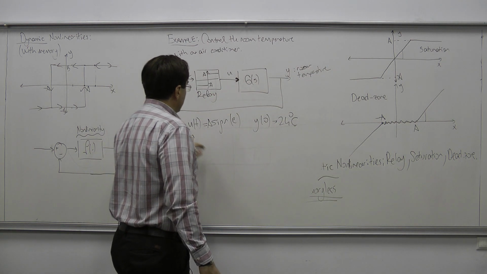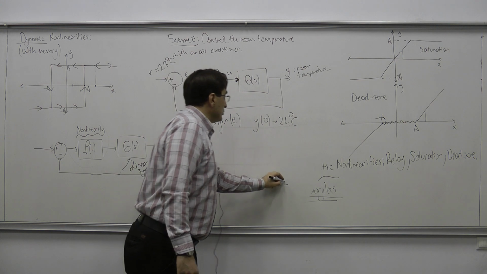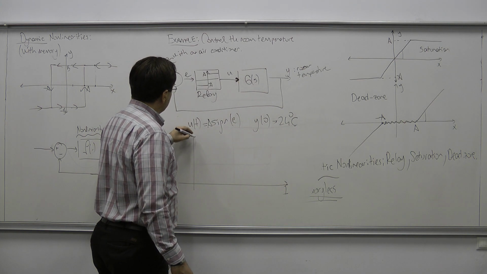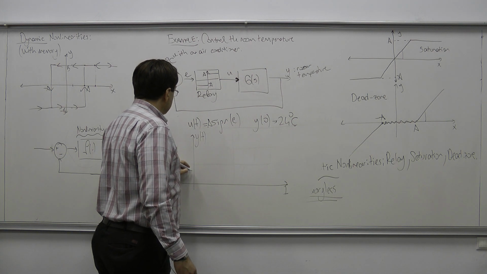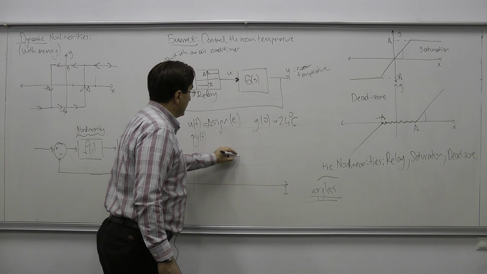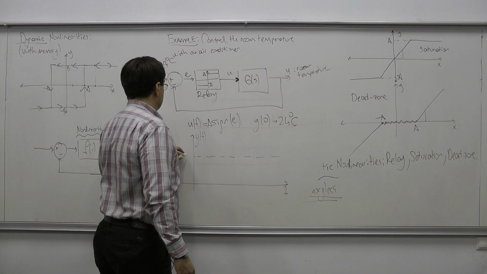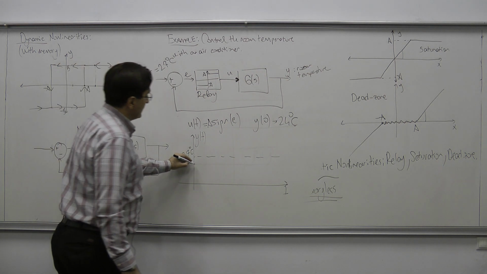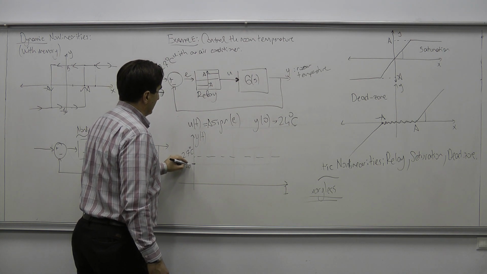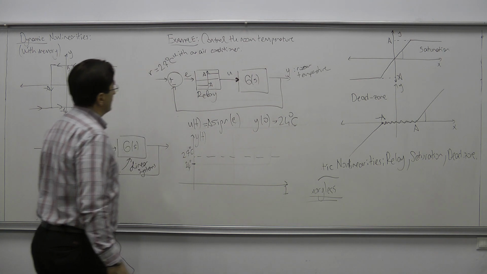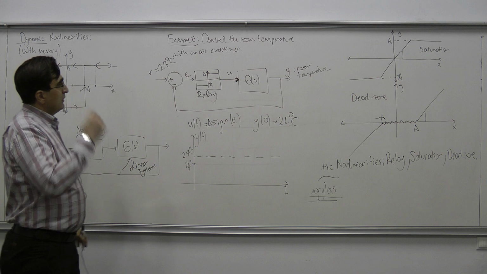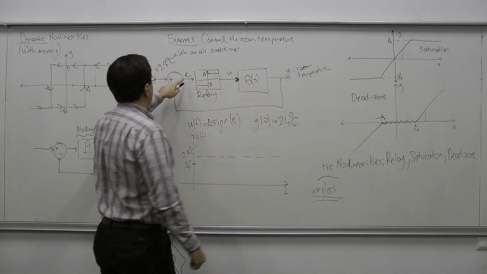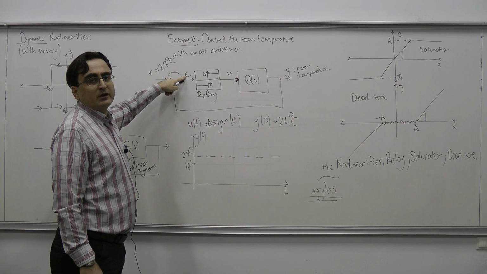If I draw the output of the system, y(t), with respect to t, then the behavior is going to be like this. This is my reference, 27 degrees Celsius, and currently we are at 24 degrees. So currently, I have 27 minus 24. The error signal is positive.